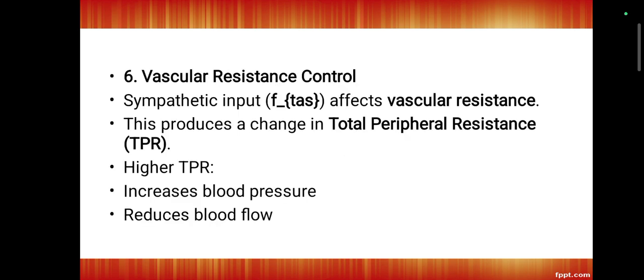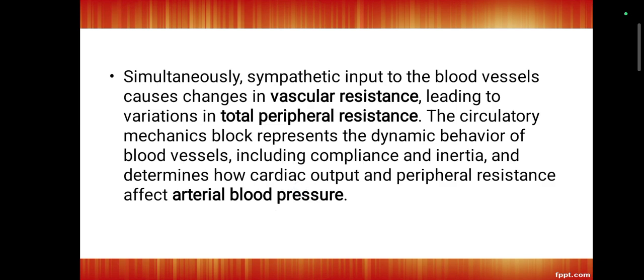Here the vascular resistance is used for calculating the TPR, and a higher TPR increases the blood pressure. The next one is total peripheral resistance. The circulatory mechanics block represents the dynamic behavior of blood vessels, including compliance and inertance, which determines how the cardiac output and the peripheral resistance affect the arterial blood pressure.